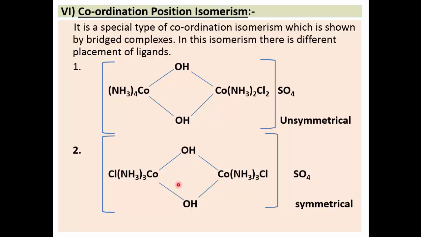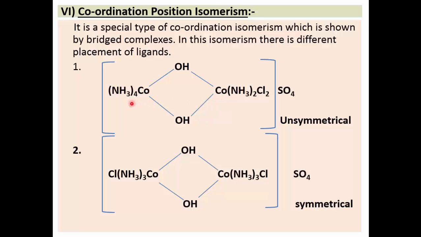That means here 6 ammonia molecules are equally distributed. 2 chloride ions are also equally distributed. Followed, and therefore this isomer is called a symmetrical isomer. While the above isomer is called unsymmetrical because the distribution of ammonia and chloride ion is not symmetrical, is not the same.